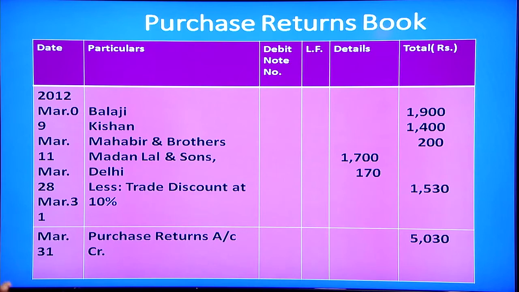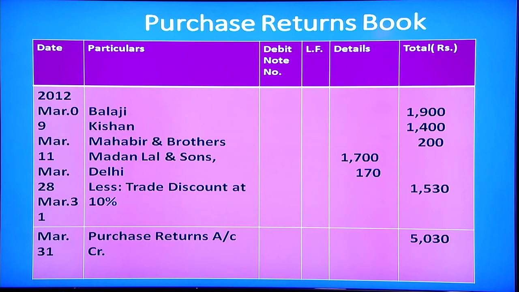the respective column. Similarly, the details of the supplier from whom we bought, and how much amount is returned, will be written in the particulars and in the amount column. Corresponding dates will come. But here, if there is any discount, then you have to deduct that discount and the remaining amount will come in the outer column.